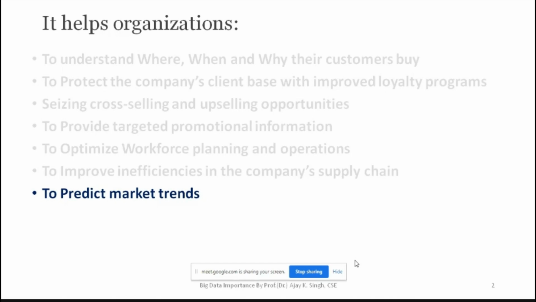Suppose you are using some social site, and in the meanwhile they put up an image of Modi. Immediately you put a thumbs up or thumbs down. This analysis is working parallelly. So they are going to understand this person is not interested in Modi because of the thumbs down, isn't it? So they identify the vote is not going to be there for Modi. He is not a supporter of Modi.